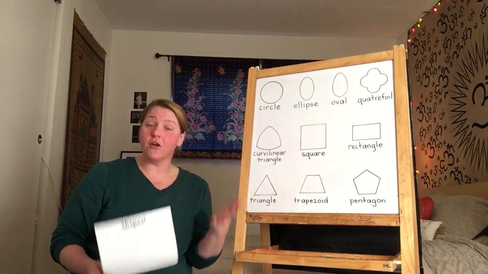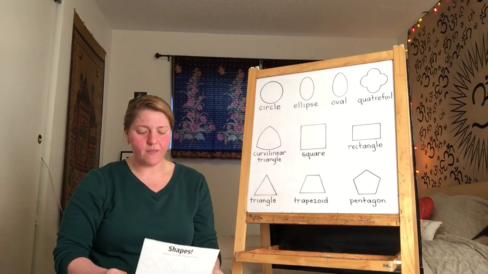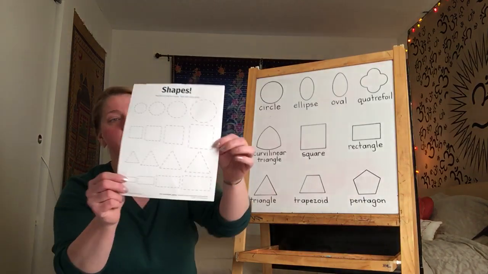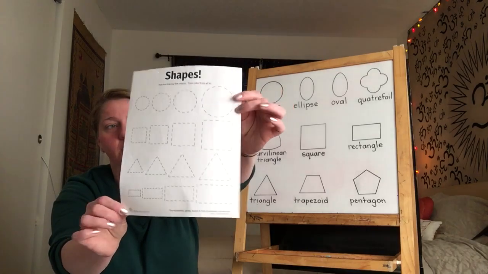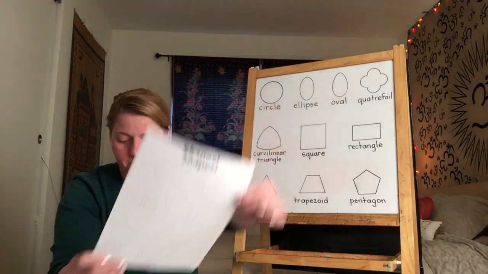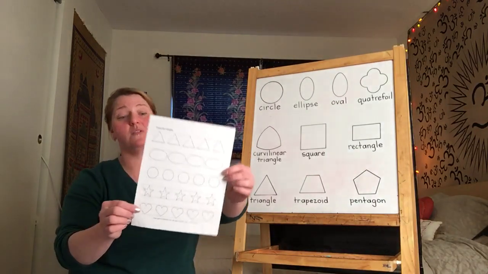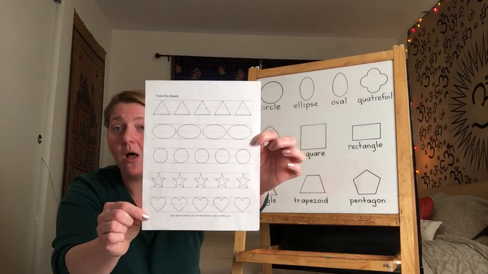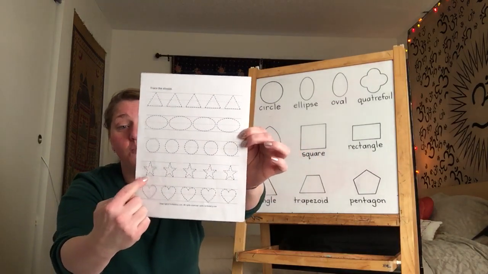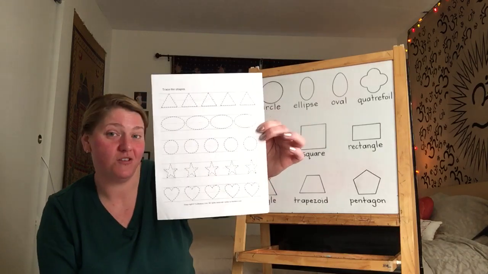Now, if you're practicing writing and you have a lot of practice doing it, there's some more challenging shape tracings. These ones start with a big shape and go to a smaller version of that shape. And then this one is probably the most challenging because the shapes are small and there's so many of each one, and there's a star. A star shape is one of my favorite to try to make.